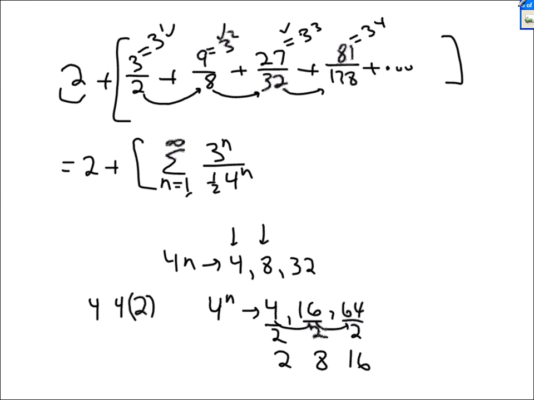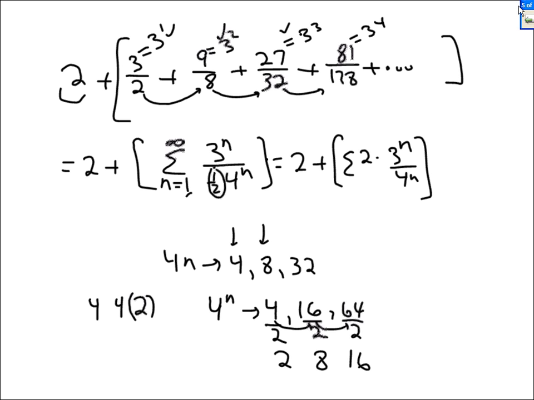So it's half of 4 to the n, and now instead of dividing by 2, you can multiply by the reciprocal. So it's 2 plus 2 times 3 to the n over 4 to the n. Okay.